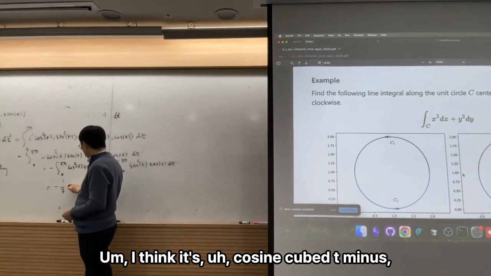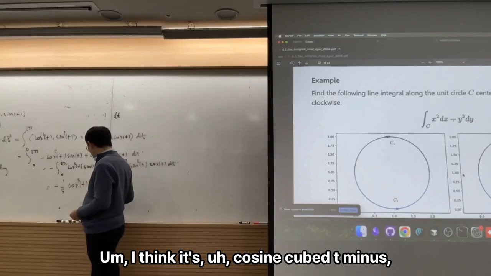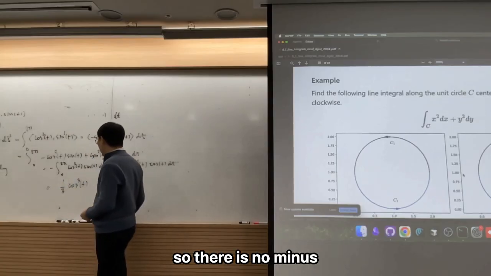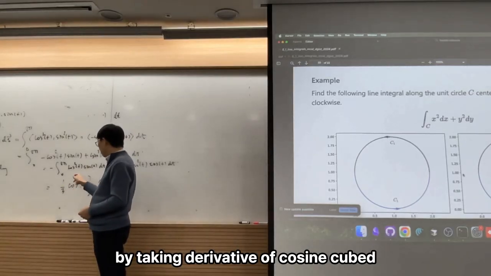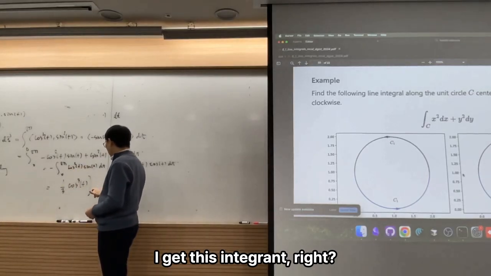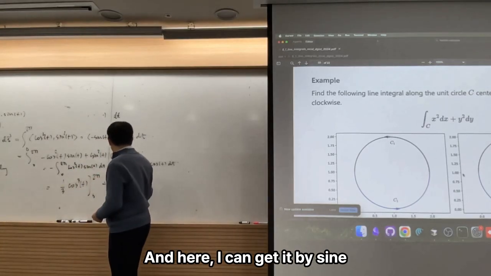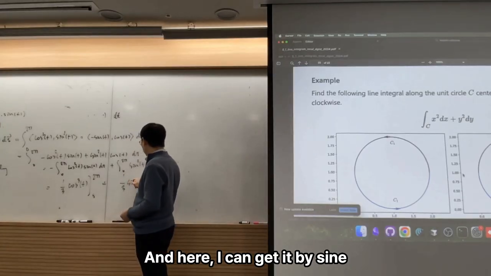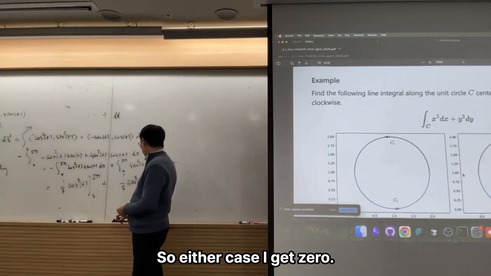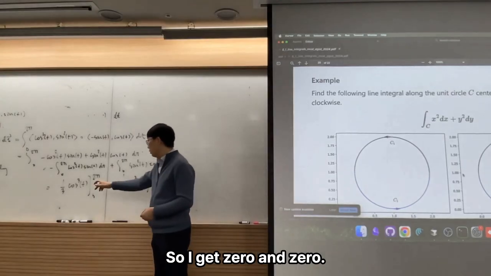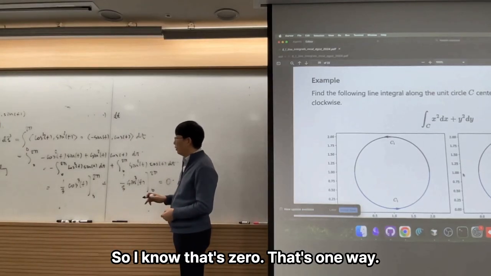I think it's cosine cubed t, so there's no minus anymore, because taking the derivative of cosine cubed gives this integrand, right? So I get it from 0 to 2 pi. And here I can get it by sine cubed t from 0 to 2 pi, right? So in either case I get 0. So I get 0 and 0, so I know that it's 0. That's one way.